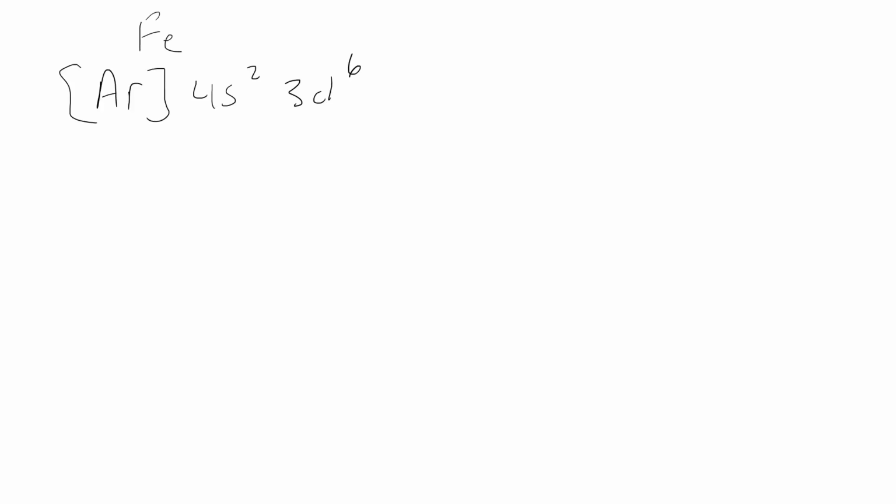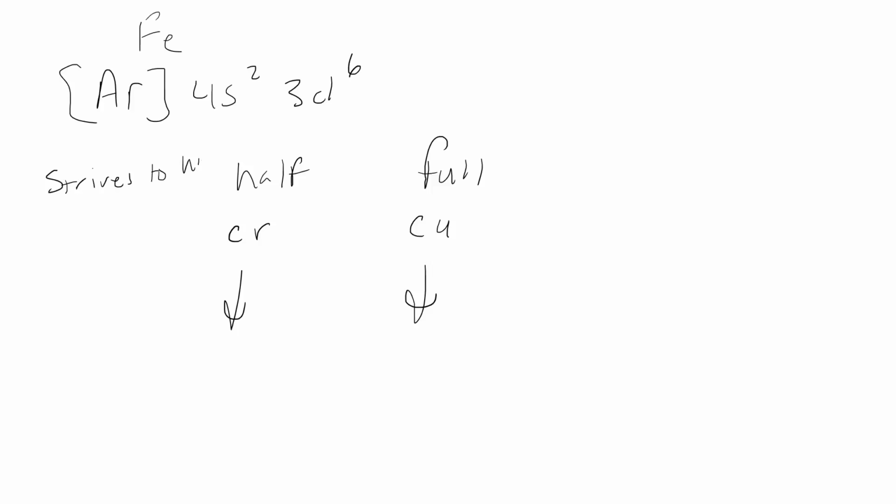Now there are some other exceptions also. If I have chromium and down, and then copper and down, they want to make sure they have half and full. That's what it strives to have.